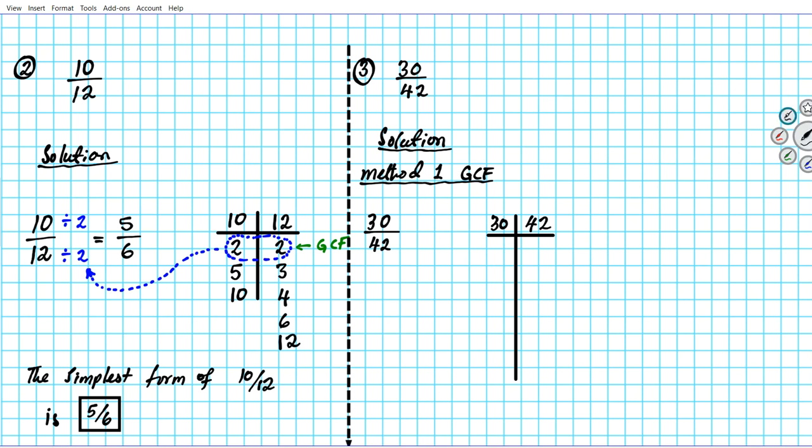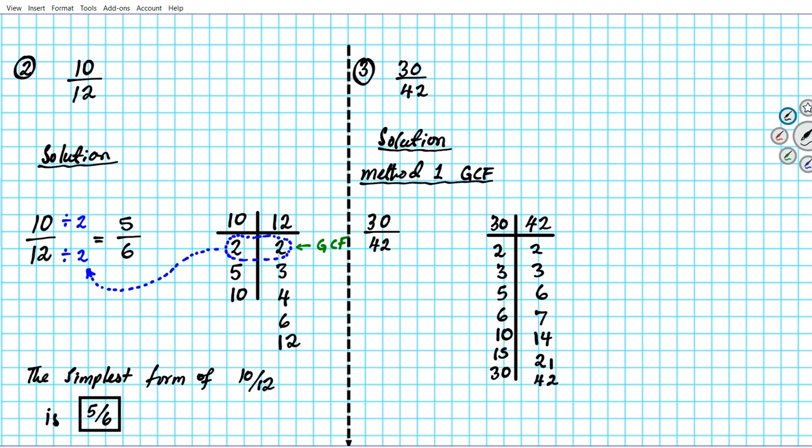All right, so your factors of 30 are 2, 3, 5, 6, 10, 15, and 30. And then your factors of 42 are 2, 3, 6, 7, 14, 21, and then 42.